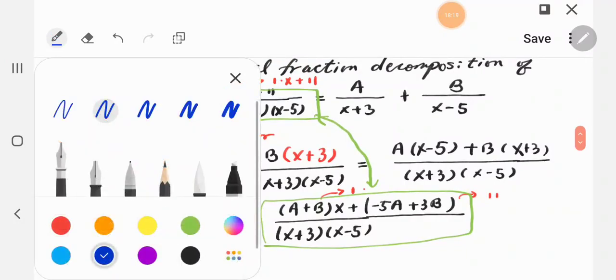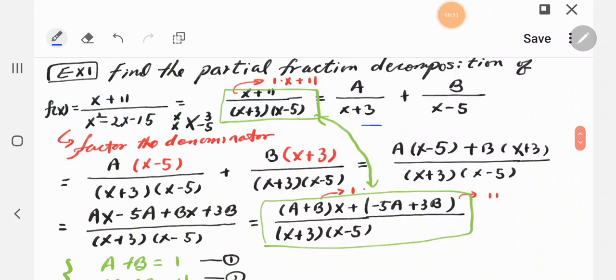Okay, this is what we want. This is the f of x, the partial fraction decomposition.